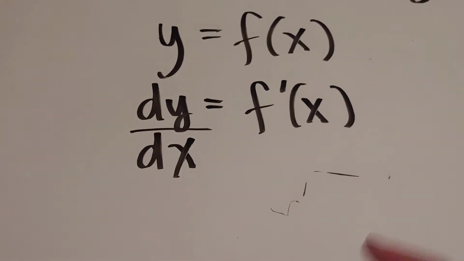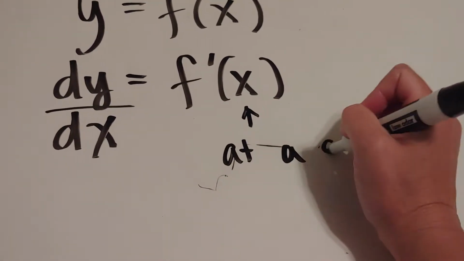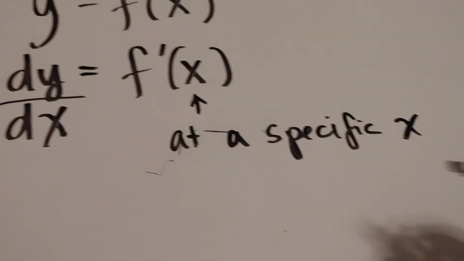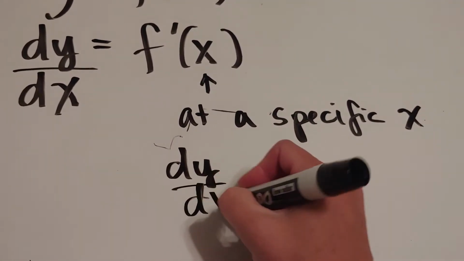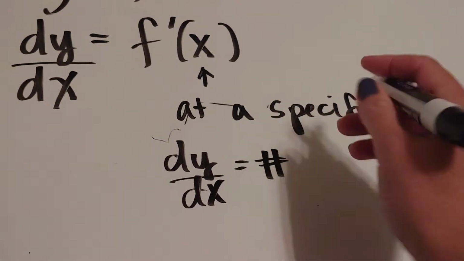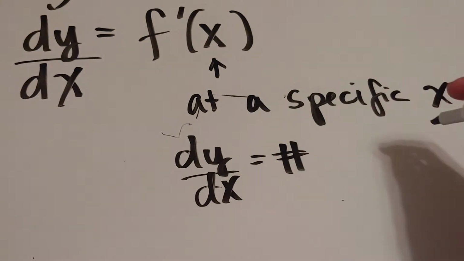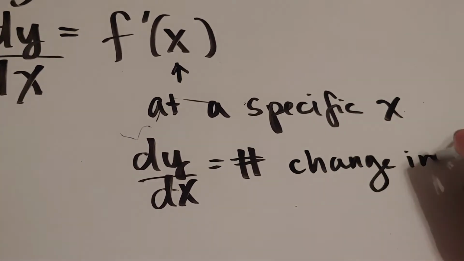So at any moment x, at a specific x, we can see that this change will be a number. Okay, and what that number is showing is the change in y per x.